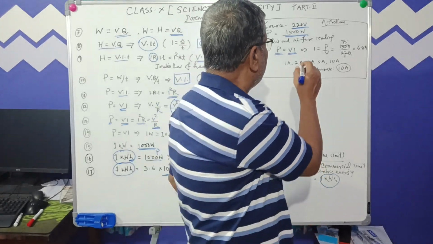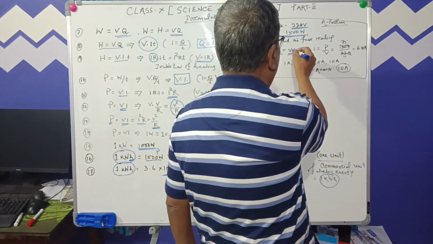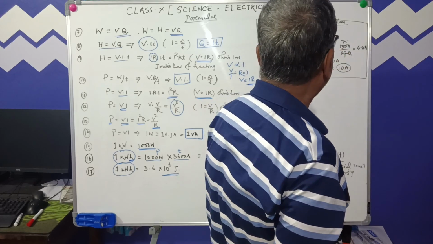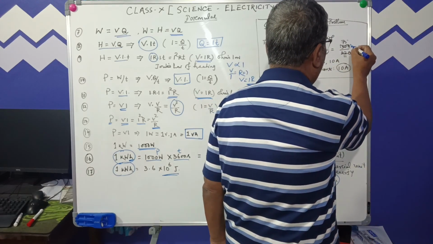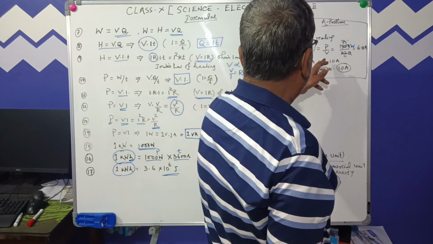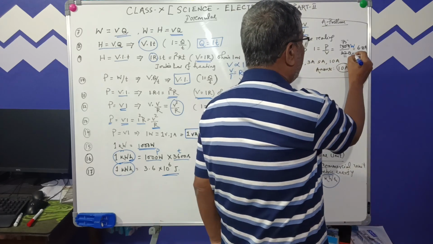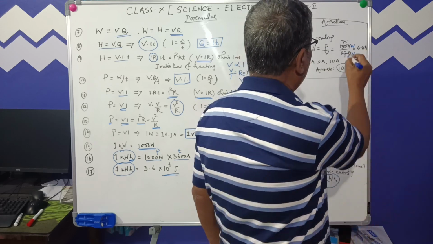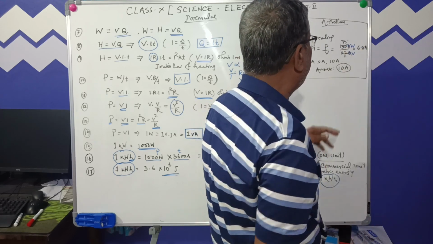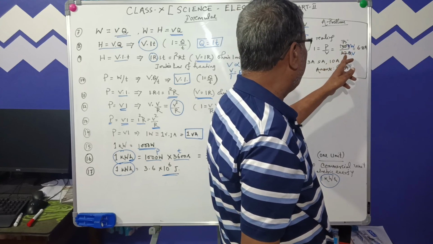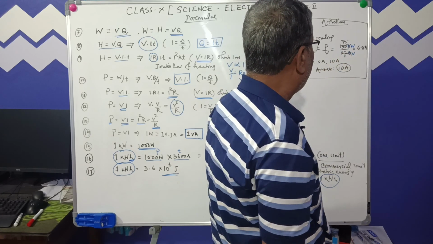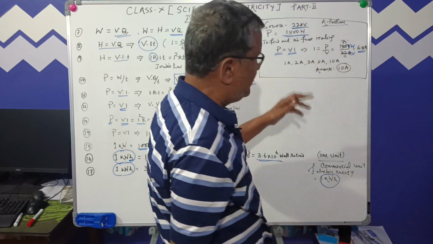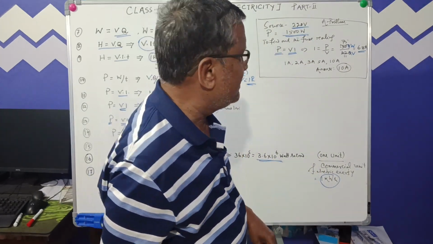Now I is equal to P by V. P is given as 1500 watt, and the potential difference V is 220 volt. Now 0 0 cancel. So 150 divided by 2 is 75, and 22 divided by 2 is 11. Now it comes to 6.8 ampere.